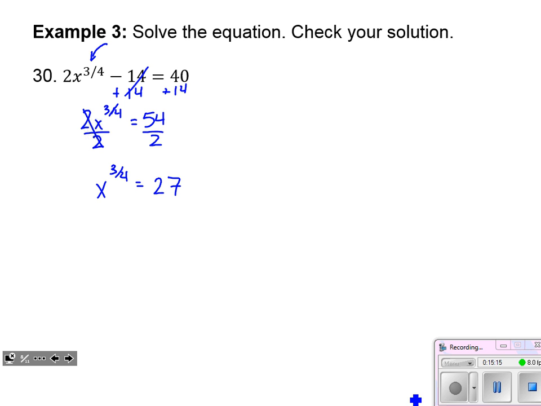Well, if I raised both sides to the reciprocal power, 4/3, then my exponent would become, right, power to a power, we multiply the exponents. On the left, this would become x to the 12/12 power, x to the first. That's just x. That's what we want. We want to solve for x. So my value x is going to equal 27 to the 4/3 power.